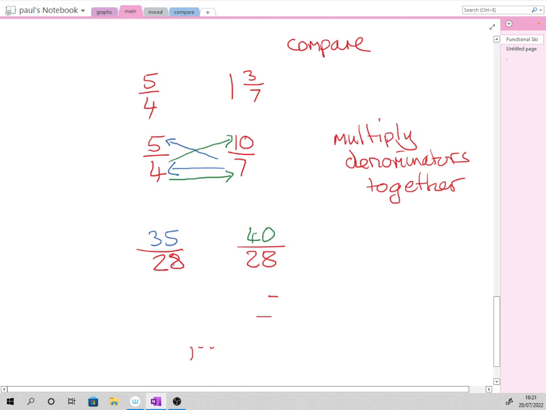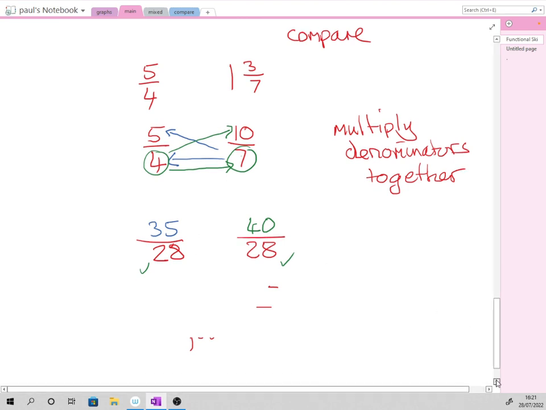And now you've got 35 over 28 and 40 over 28, and you can compare. You can say that 40 is bigger than 35. Therefore, this is the largest and this is the smallest. So it's cross multiplying. You multiply the left-hand fraction by this number, and you multiply the right-hand fraction by this number, and you'll always get a common denominator. Let's do another one of those.